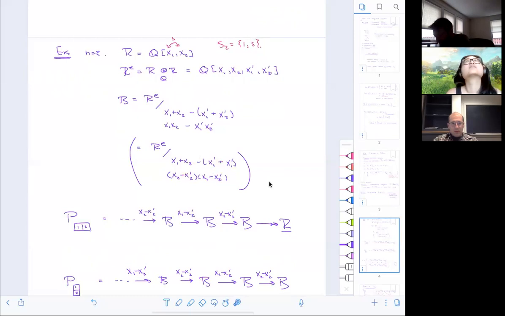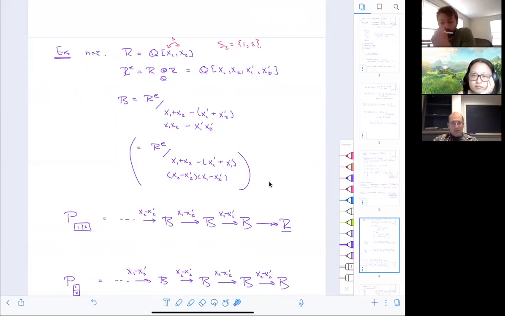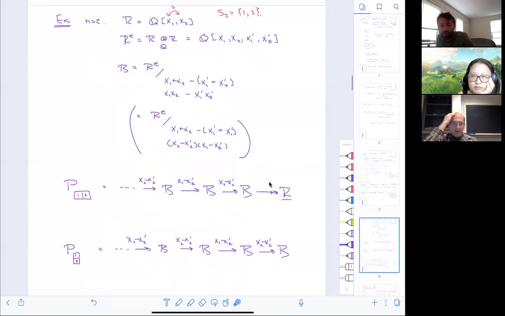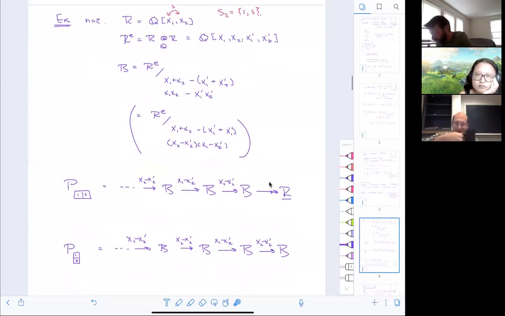That is to say, (x2 minus x2 prime) times (x1 minus x2 prime) acts by 0 on B. So that element is 0 mod these relations and vice versa. Anyway, this relation being 0 is what allows us to build the following complexes.